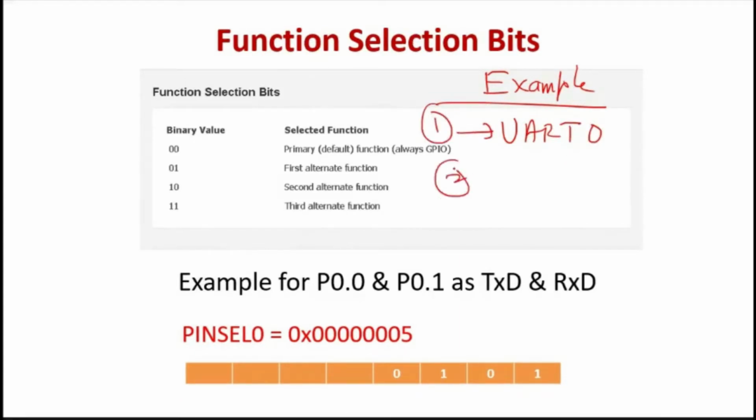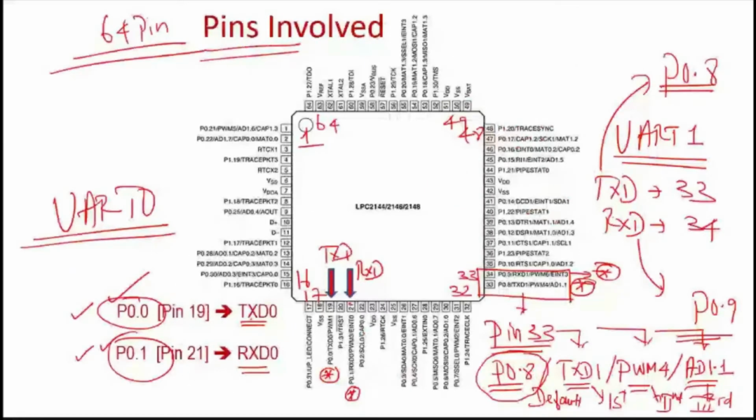Second thing, UART0 has one transmit pin and one receive pin. That is understood. What is the transmit pin and what is the receive pin? I go to the pin diagram and see. UART0's transmit pin is pin 19, which is port 0.0. The receive pin is pin 21, which is port 0.1.